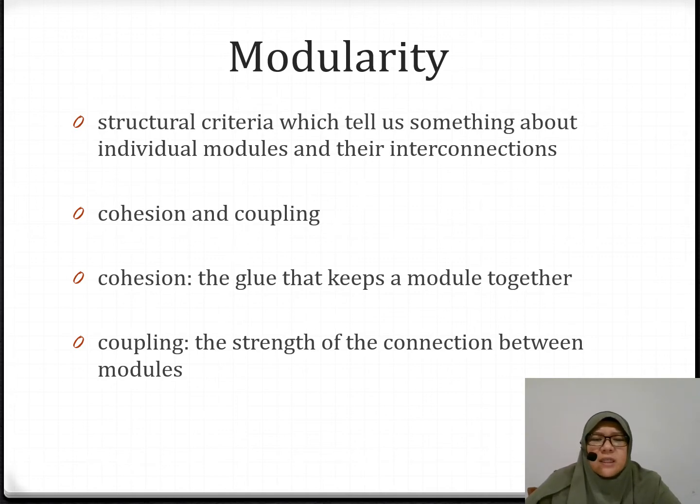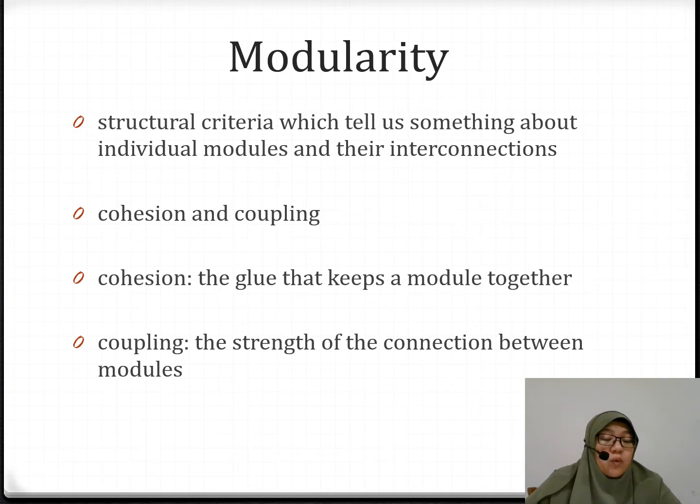Are these very difficult words? What's cohesion? What's coupling? Right? So basically, for cohesion, you imagine houses, like we have two houses, which are like two modules. In one house, there are many family members.